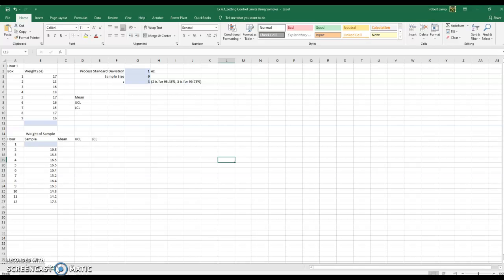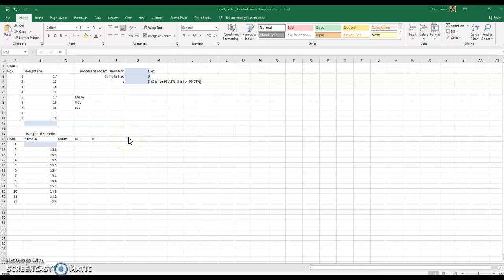and then how we would end up plotting that in Excel. Right off the bat, this is for hour 1: we pull 9 boxes, and we weigh each of those 9 boxes. So the boxes weigh 17 ounces, 13, 16, 18, 17, 16, 15, 17, 16. Those are the weights of those 9 samples that we pull. Right up here I've got sample size 9.